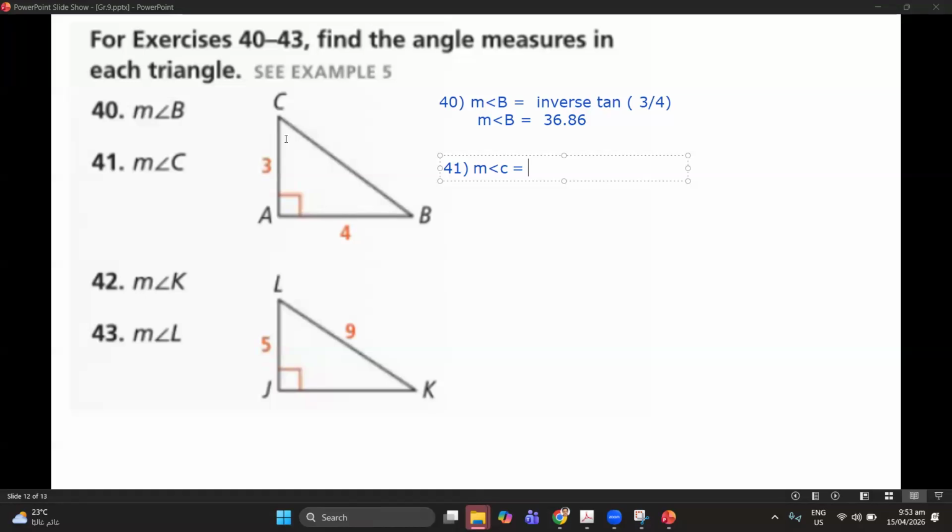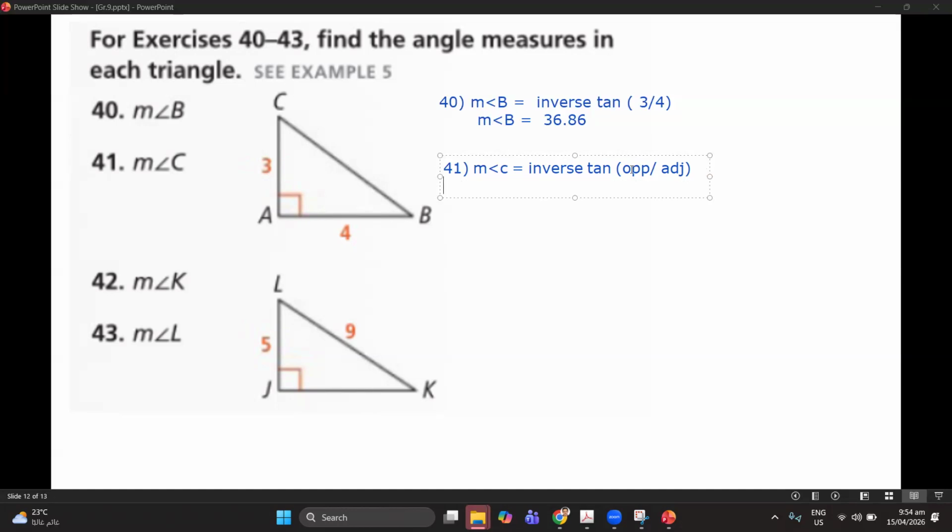It's the opposite. Excellent. So now we will use opposite over adjacent. Which ratio is opposite over adjacent? Tan. So inverse of tan for the opposite over adjacent, for the measure of angle C.